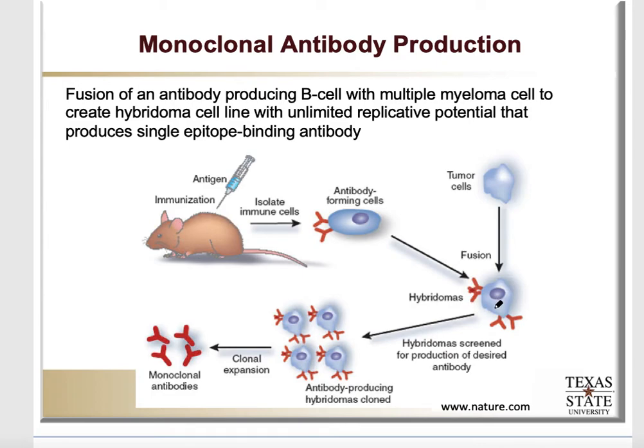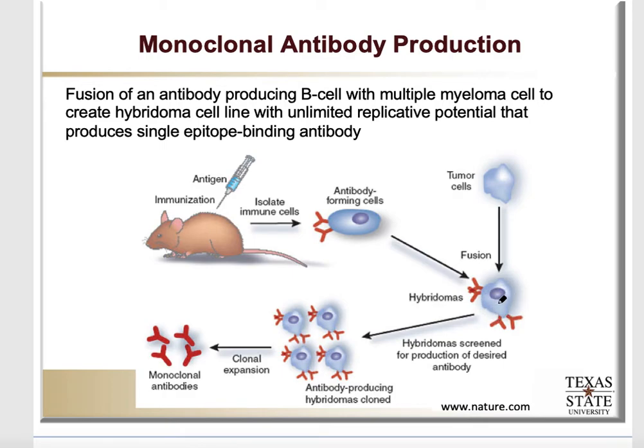That hybridoma cell line has unlimited replicative potential because of the fact that now it is kind of like a cancerous cell. And it has the ability to produce the particular antibody that one particular B cell had the ability to produce. And so what you end up making is basically a machine, a biological machine that can produce that particular antibody over and over and over.